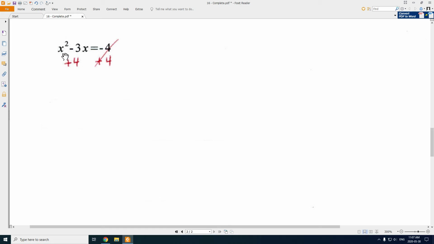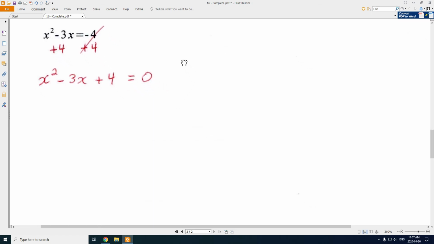So in this scenario, all I would do is start by moving that 4 over, using opposite operations, just to get it into standard form. So in this case, I will add 4 on both sides. And that leaves me with x squared minus 3x plus 4 equals 0, since that's disappeared.